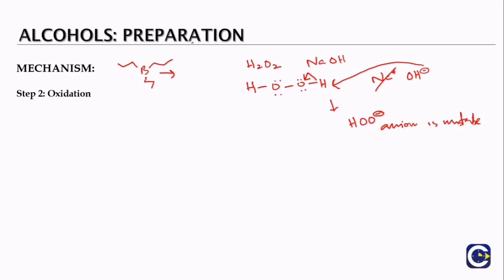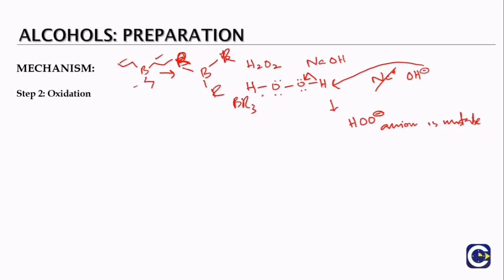For convenience, so that our mechanism will be easy to write, in this oxidation step we'll just represent these alkyl groups with R, for convenience of representation, and we'll be writing it like BR3. So what happens in the oxidation step?